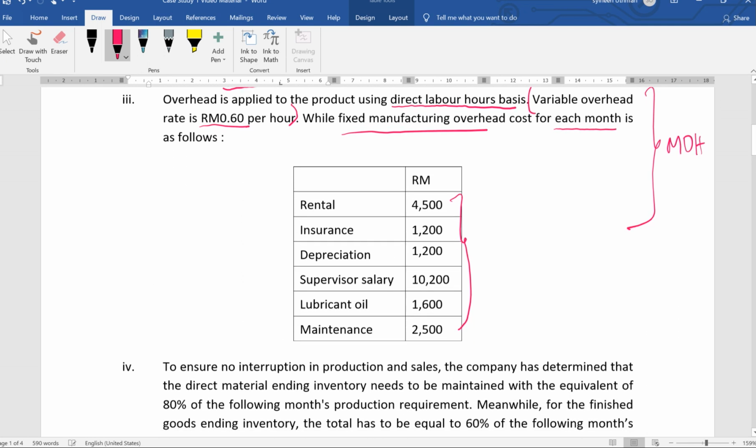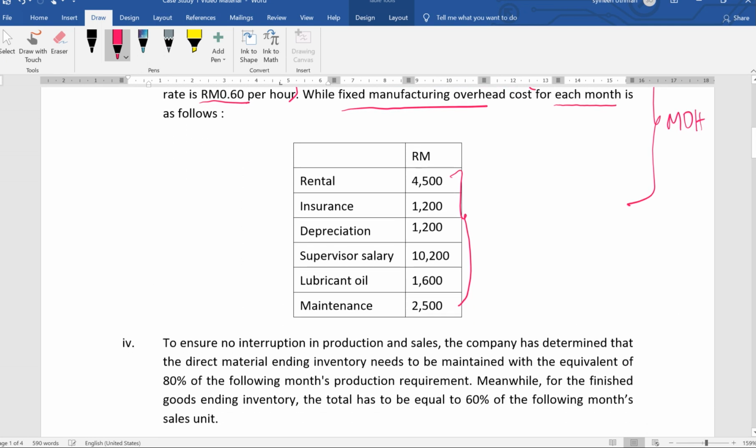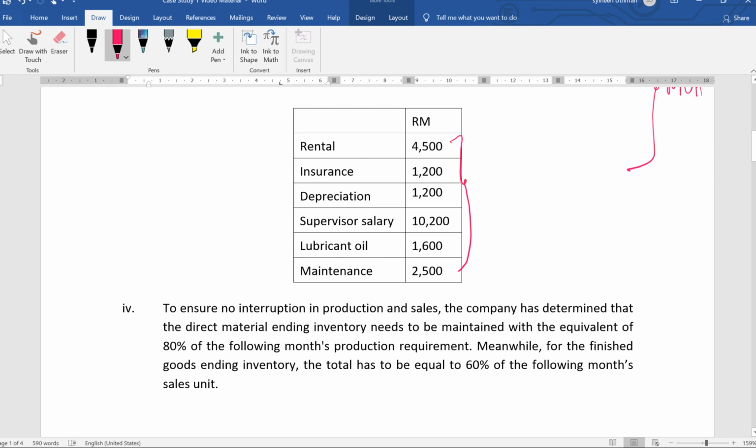Okay, number 4. What do we have in number 4? To ensure there is no interruption in production and sales, the company has determined that the direct material ending inventory, when it says ending inventory, that means this is the information for your ending inventory policy.